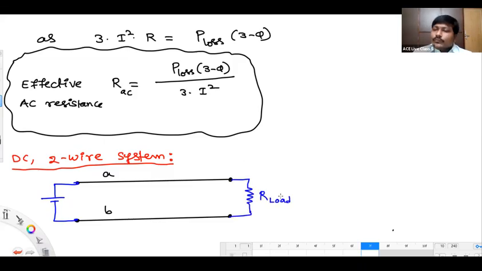It's R load. Now we have some current flow. Just check this. We have some current in conductor A going in this way and circulating back in this line.